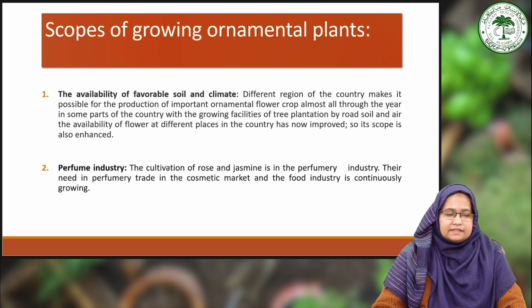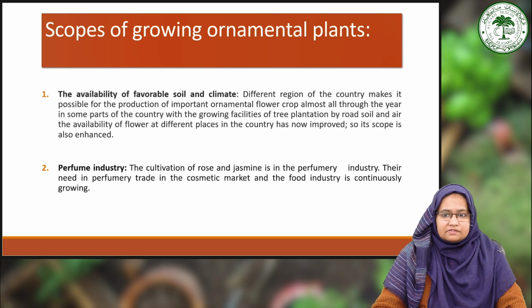Now moving to the next important thing, that is the scope of growing ornamental plants, because they provide many scopes. The first is the availability of favorable soil and climate.